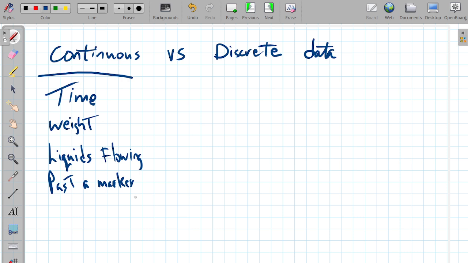But where things get really interesting, and then we can make a leap over to the physics of the very small. Yes, I'm trying to not use the word quantum. At some point on the measurement scale, the flow of liquids and the flow of gases stops being continuous and becomes discrete.